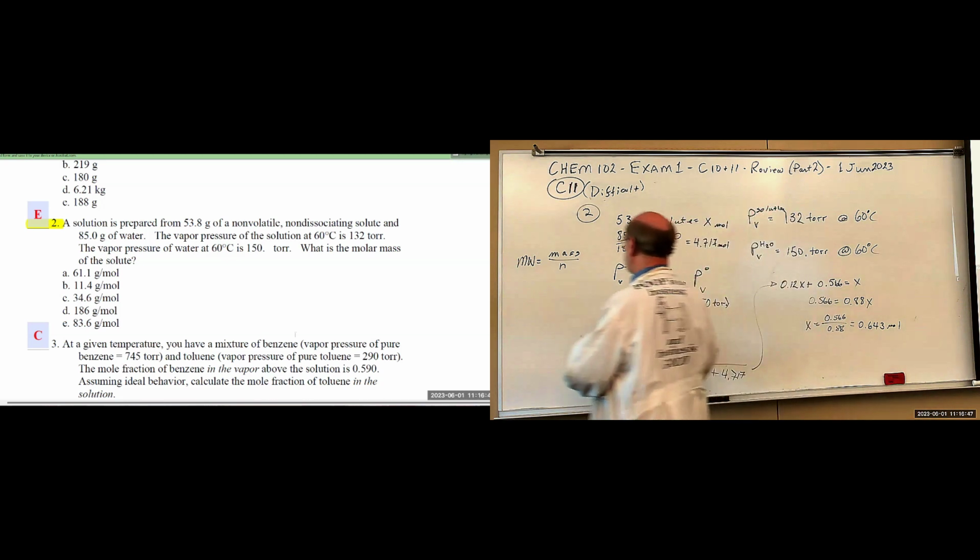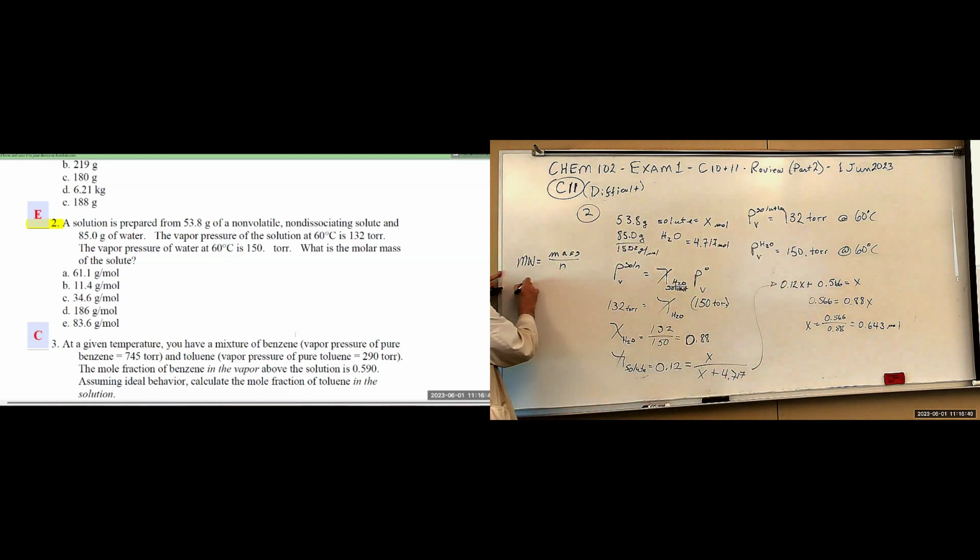So now we've got mass 53.8 grams and the moles at 0.643 moles. So we'll divide that into 53.8, and that's 83.6 grams per mole.